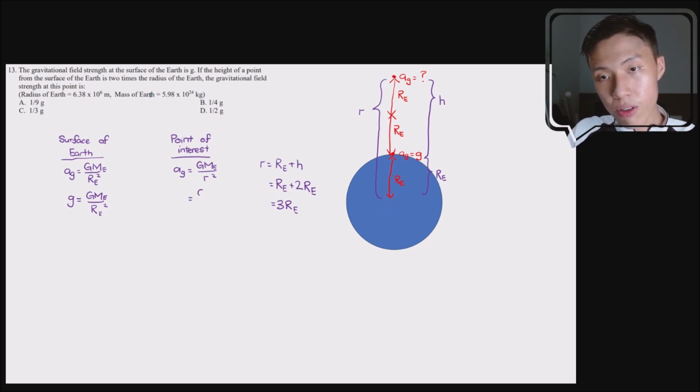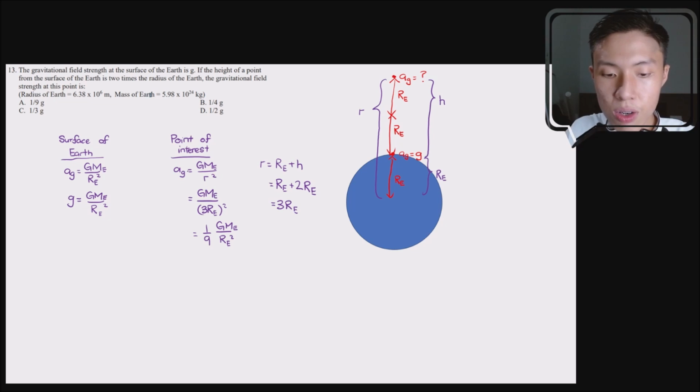Okay, so now if you substitute everything inside, you should get 1/9 GM over the radius of the Earth squared. This is the gravitational field strength at the point of interest.